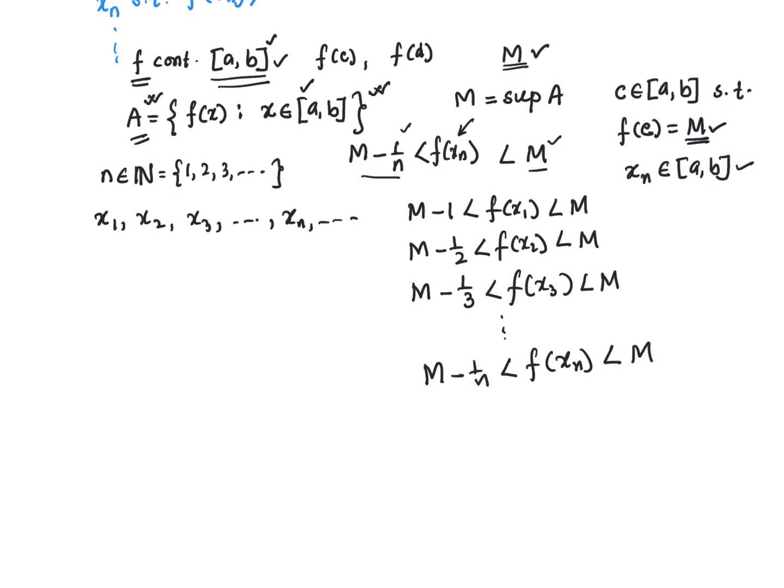As you can see, as n gets bigger and bigger, what happens? The distance between M minus 1 over n and M is getting smaller and smaller.